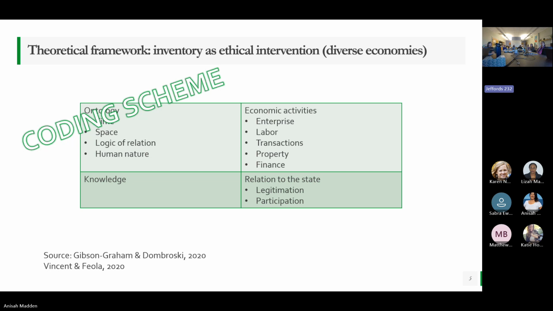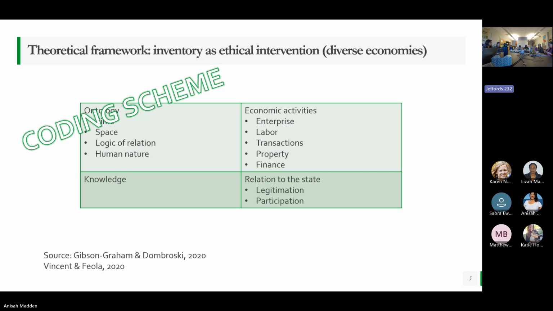It goes back to the Greek root of the word, which is oikos and nemes, or something like that, I don't know this word exactly, but the Greek origins basically translate to household management rather than capitalist money-making enterprise. So that's basically all you need to know about diverse economies in the time that we have now.